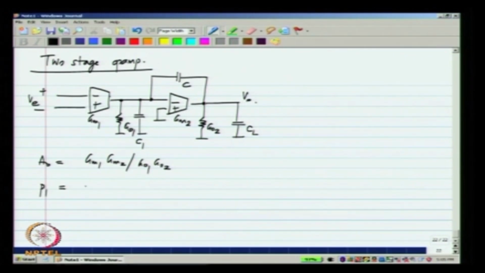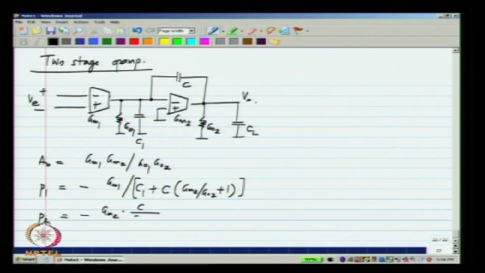The low frequency pole is at minus GO1, that is this conductance, divided by the total capacitance, which is C1 and Miller multiplied C. And the second pole P2 is at the total conductance, which is GO2 but more predominantly the effect of GM2 in feedback, and here we have total capacitance, which is CL plus C and C1 in series.